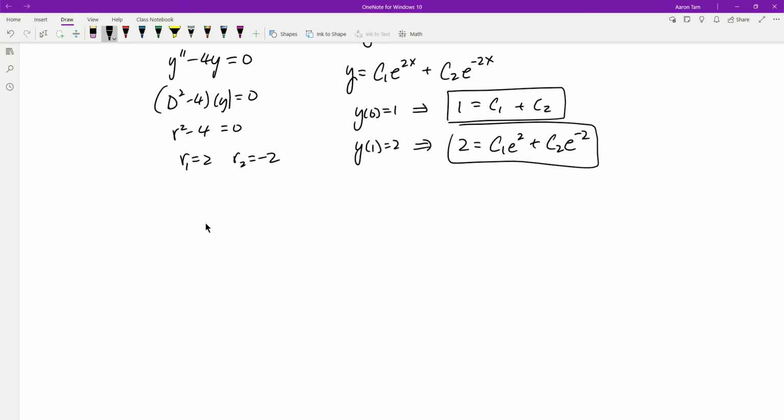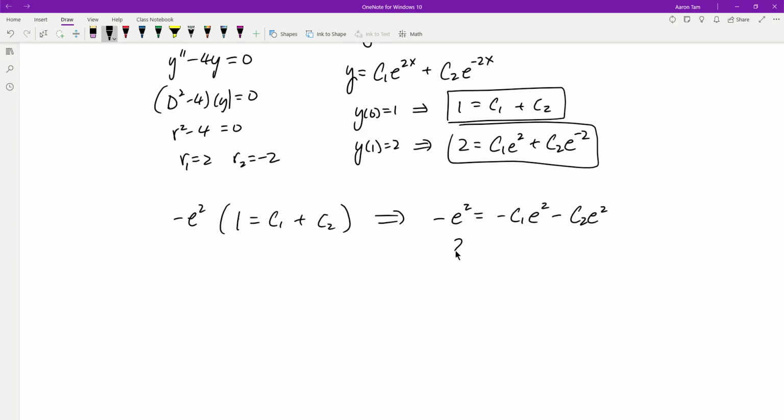I'm going to take the top equation and multiply it by negative e squared. When I do that, I'm going to have negative e squared equal to negative c1 e squared minus c2 e squared.